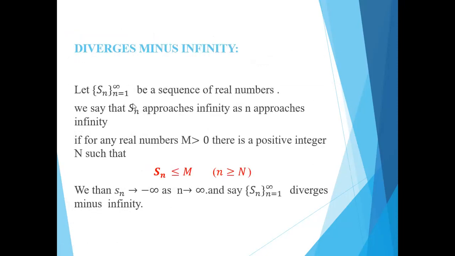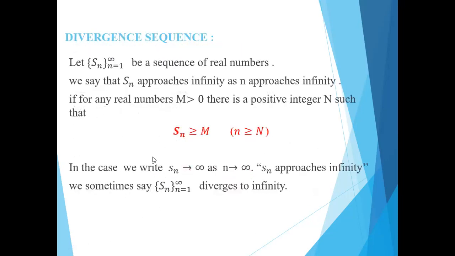We say that Sn approaches minus infinity as n approaches infinity if for any real number m greater than 0, there is a positive integer N such that Sn is less than or equal to minus m for n greater than or equal to capital N. We then write Sn tends to minus infinity as n tends to infinity, and say that the sequence is divergent to minus infinity.